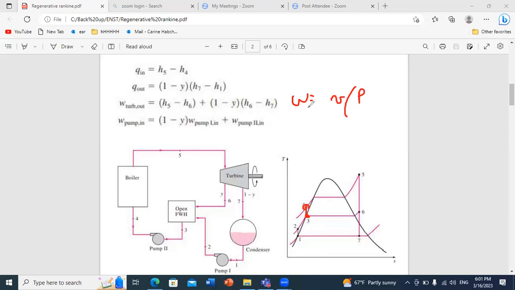So the work in pump 2 is v times (P high minus P intermediate).